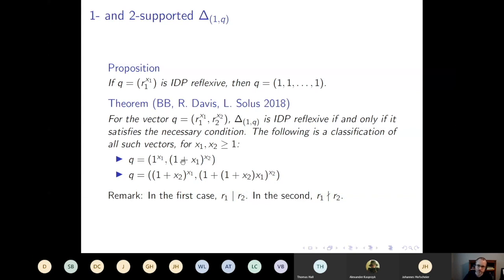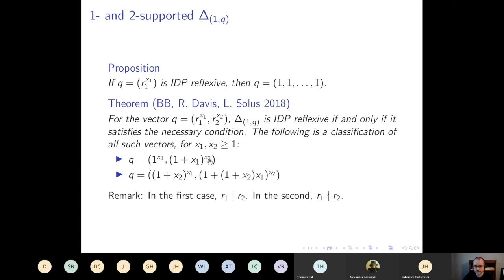I can factor out the 1 plus x1, and I get 1 plus x1 times 1 plus x2. And here I have a similar kind of thing going on. This term, 1 plus x2 times x1, is what you get when you have x1 copies of 1 plus x2, plus the 1. And then you can factor things out. And the factor that you pull out is precisely 1 plus x2, which allows that reflexive divisibility to happen.